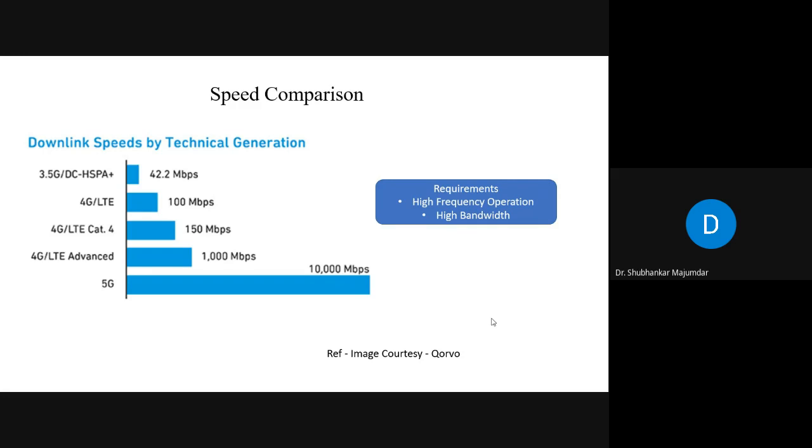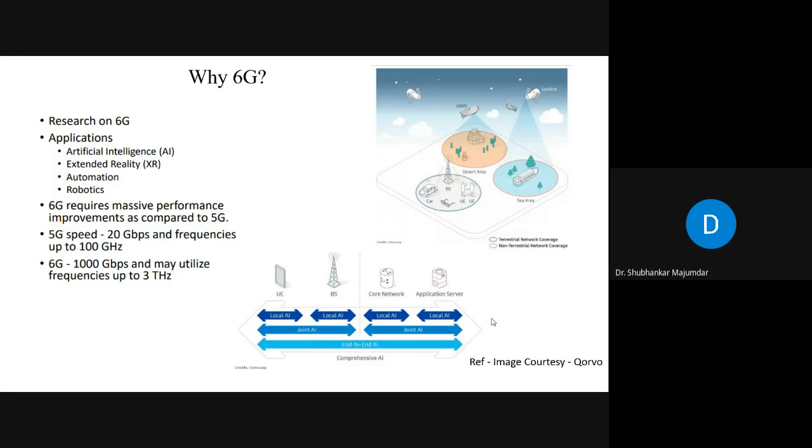In 5G, the downlink data speed is 1000 Mbps, which is like 10 times that of LTE Advanced. So the requirement is high frequency operation and high bandwidth. Whatever circuits we design should be able to operate at higher frequencies and withstand the higher bandwidth. Now the 5G, 6G network is also coming into the picture.